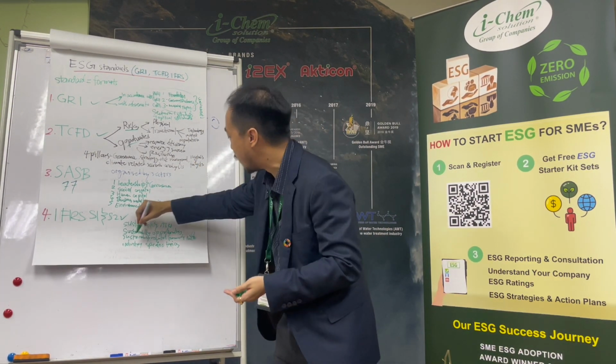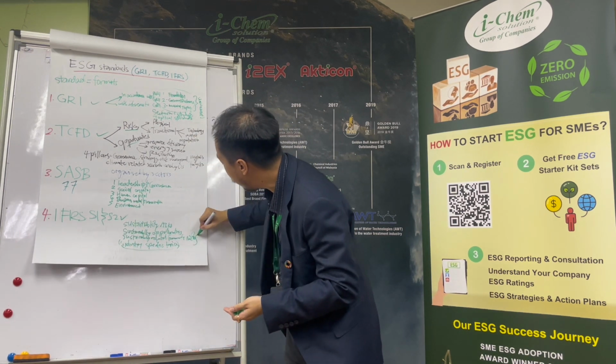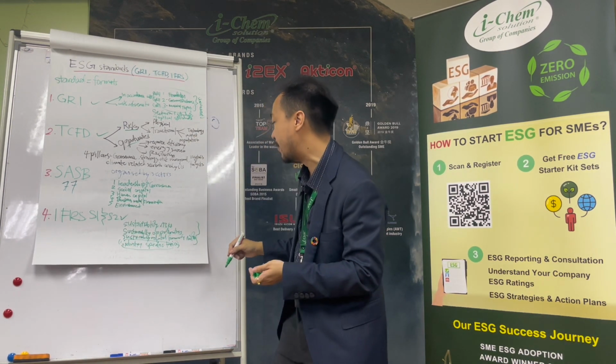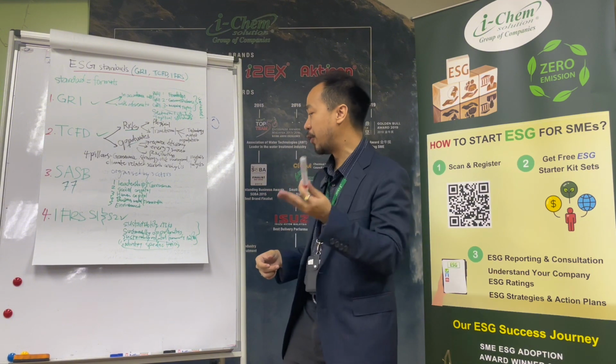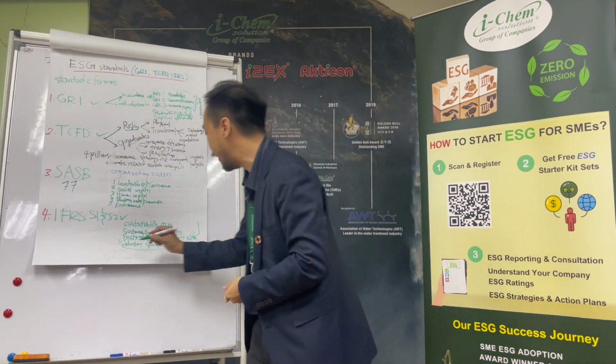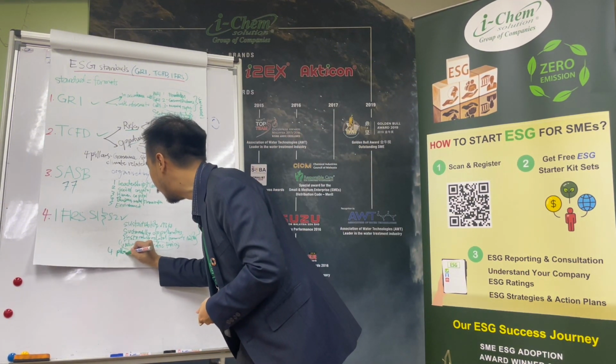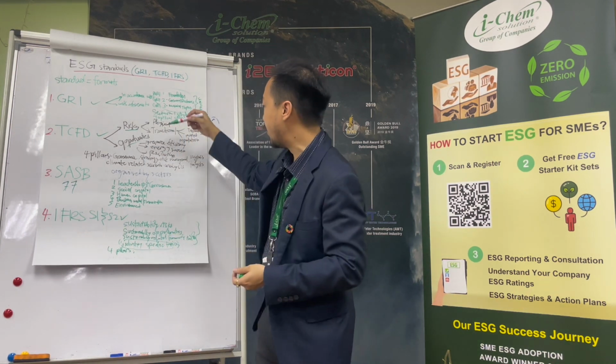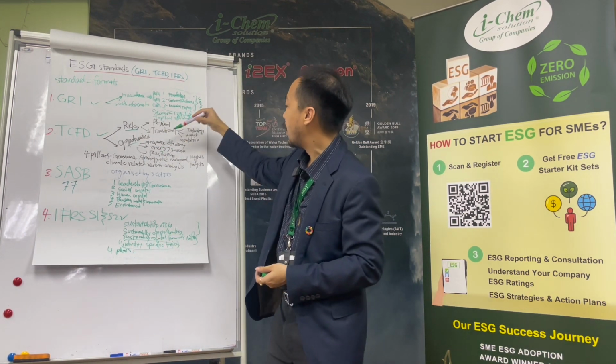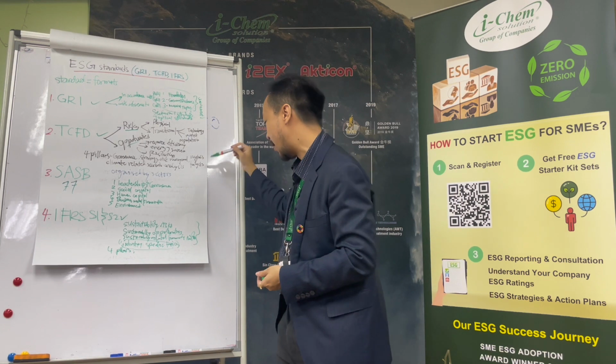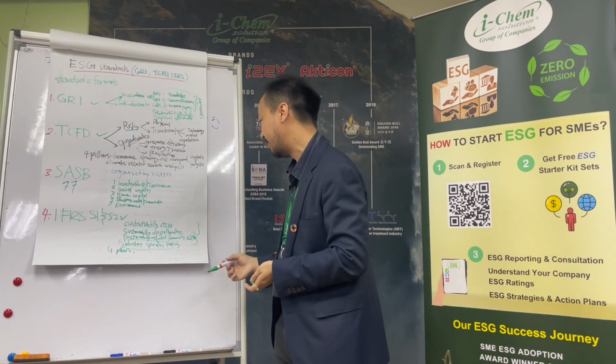So this is basically the part from SASB, whereas these parts are from TCFD. And you also follow the 4 pillars just like in TCFD, which are governance, strategy, risk management, and metrics and targets, just like TCFD.